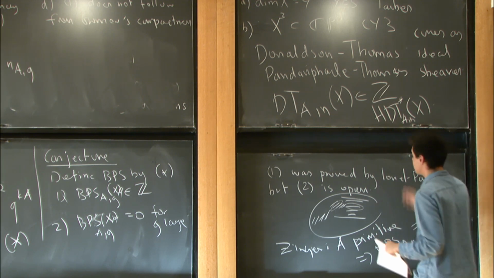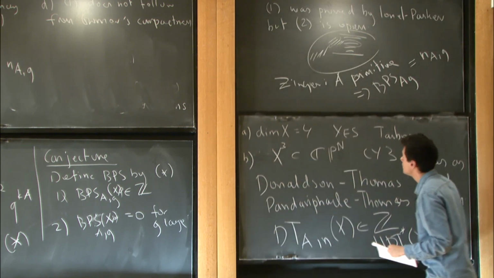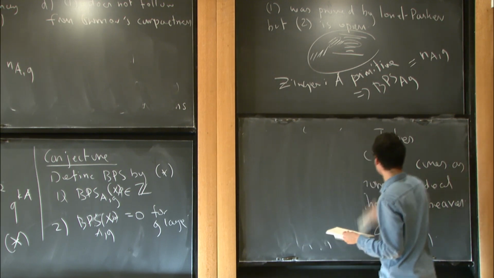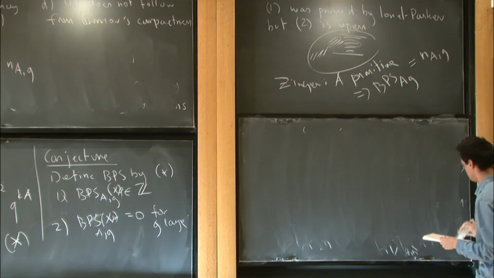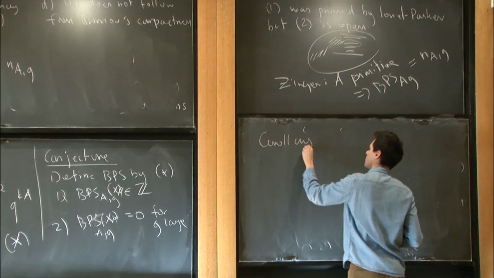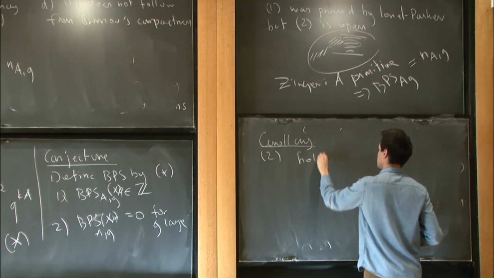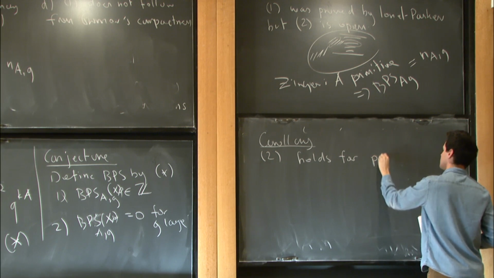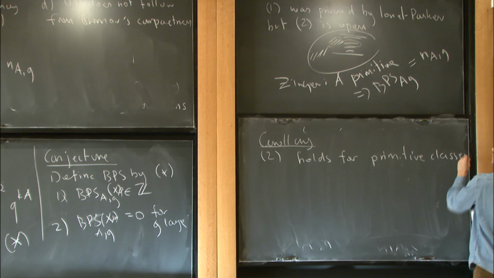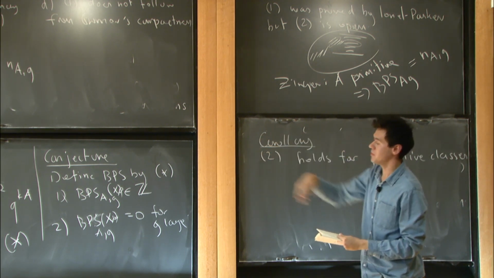So as a corollary, we get the first instance of this finiteness conjecture. So 2 holds for primitive classes. So this is a corollary of this work of Zinger together with our theorem.